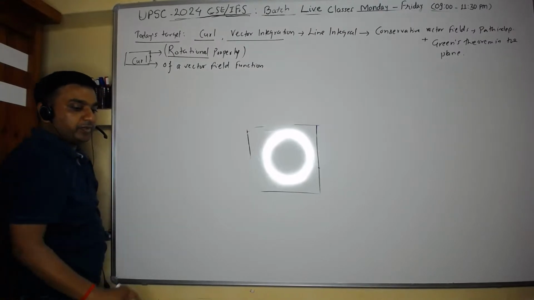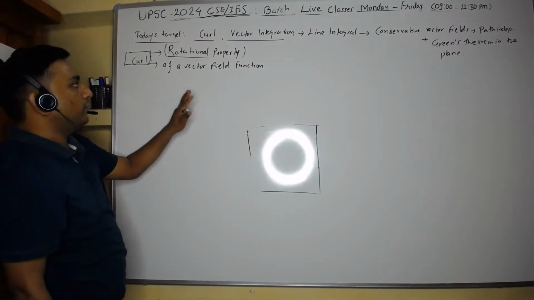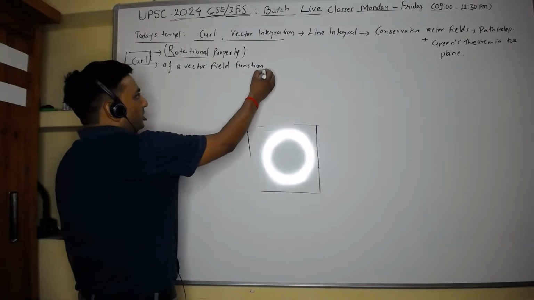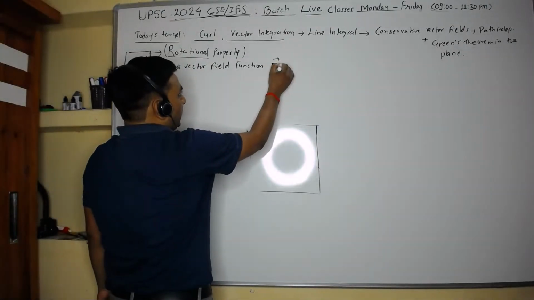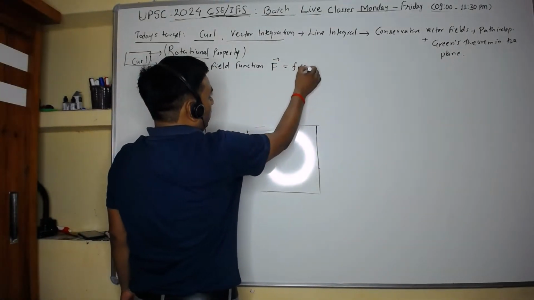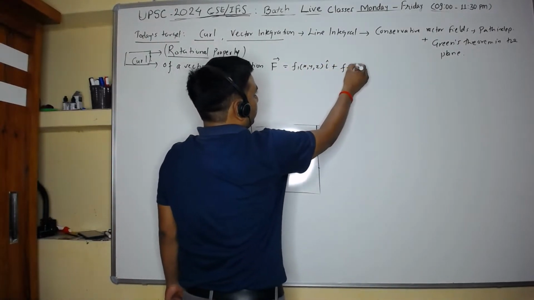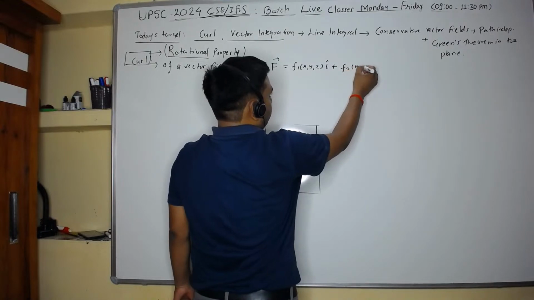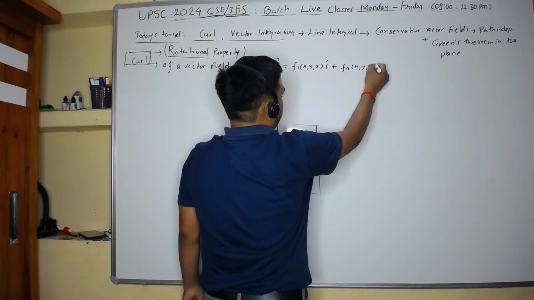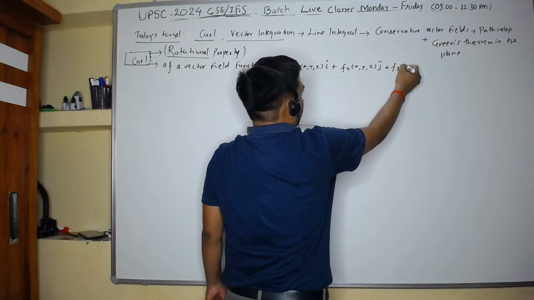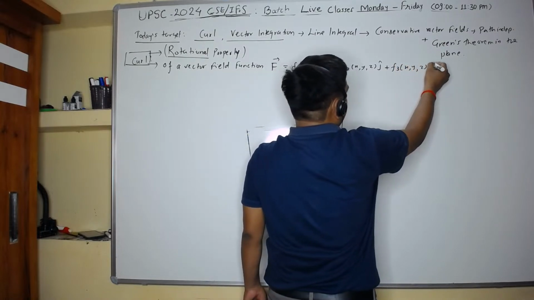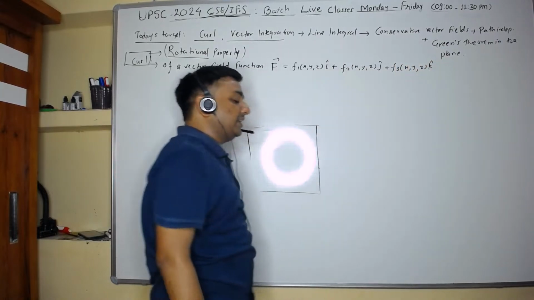Is that clear? Curl is always of some vector field function. Let's say that function is of the form f1(x,y,z) i cap, f2(x,y,z) j cap plus f3(x,y,z) k cap, right?